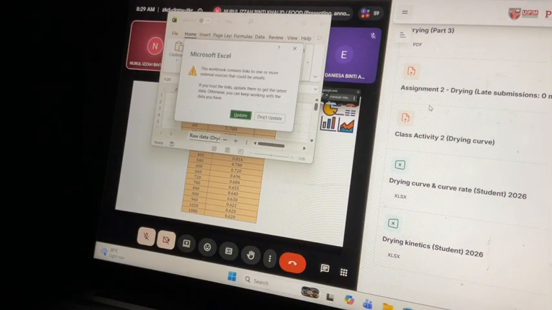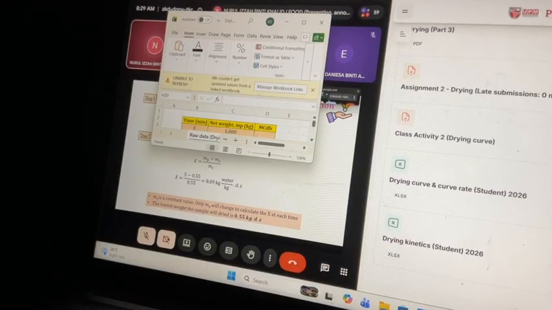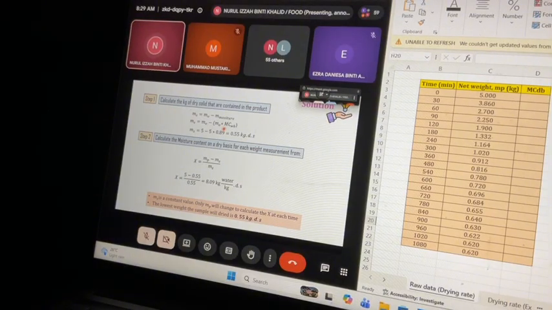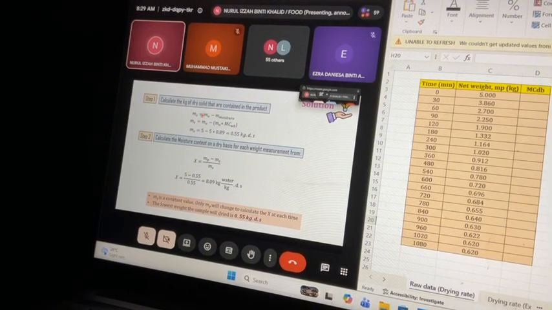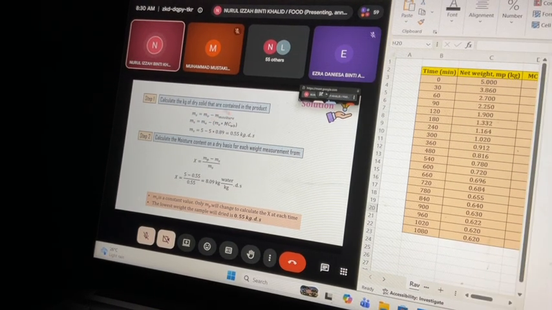First, you have to calculate the dry solid, because you only know the moisture content on a wet basis, but you do not know the mass of the solid. So you use this formula to calculate the mass of solid, which is the total mass minus the moisture content.